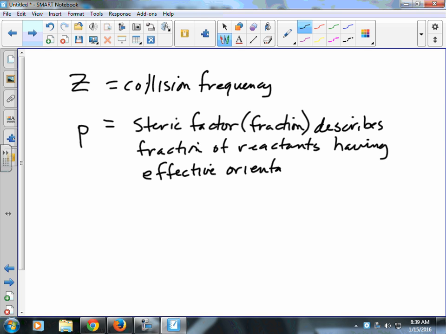You've got to have an effective orientation to have an effective collision for a reaction to occur.